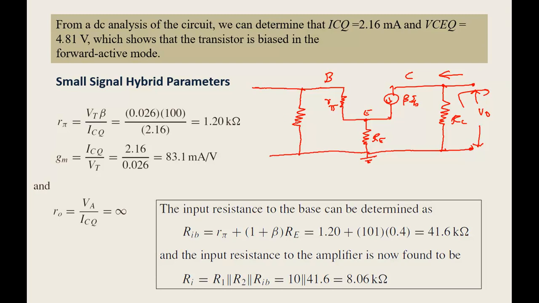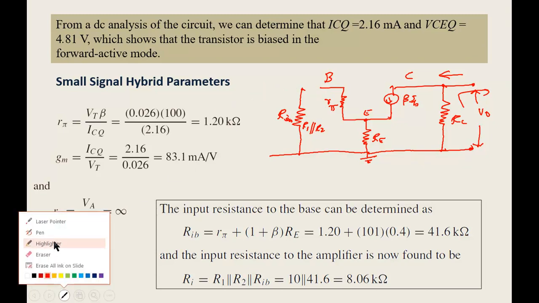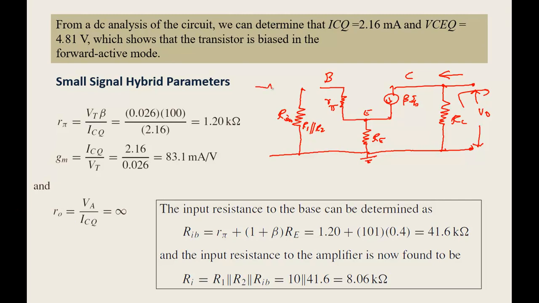I'll write it as R in, which is nothing but R1 parallel R2, and then I will have RS, the source resistance, and then the source. This is my Vs, and this is my Rs. This is R in.